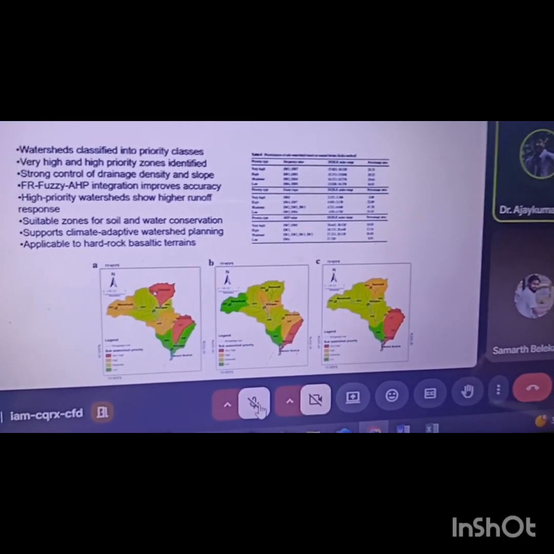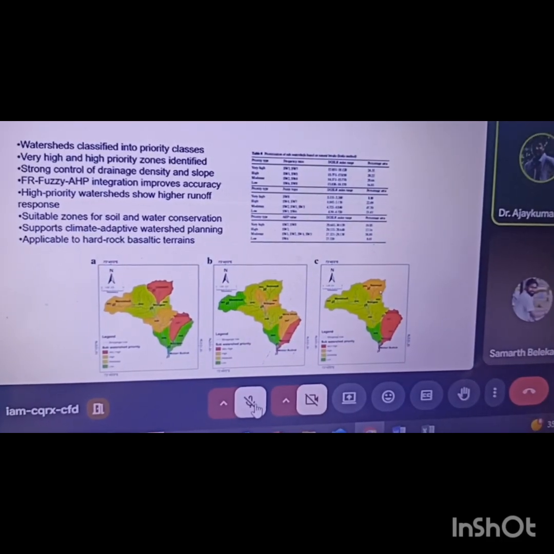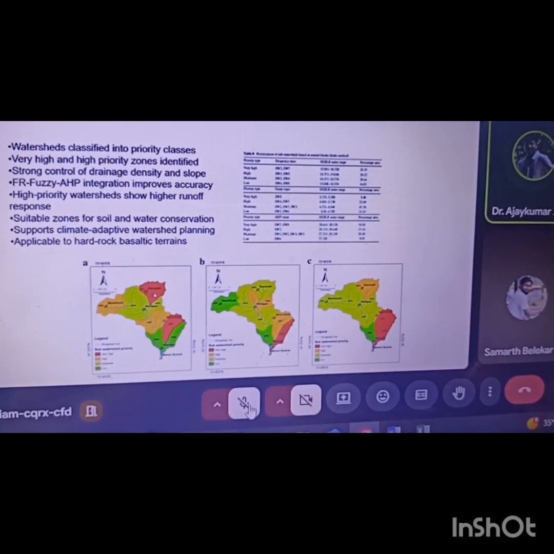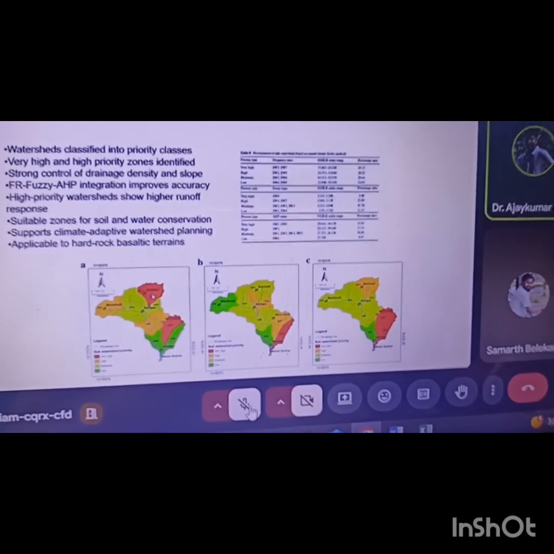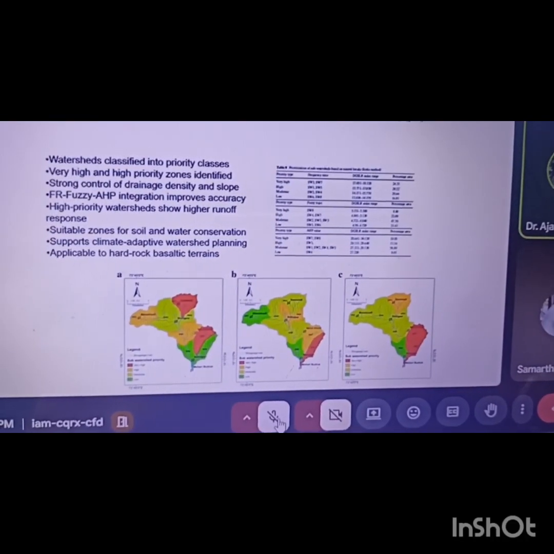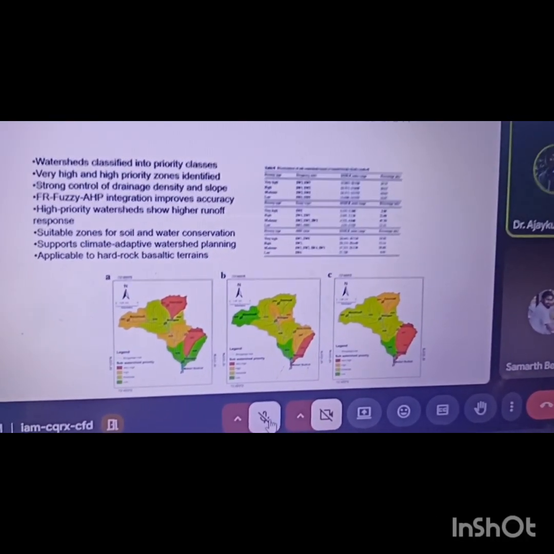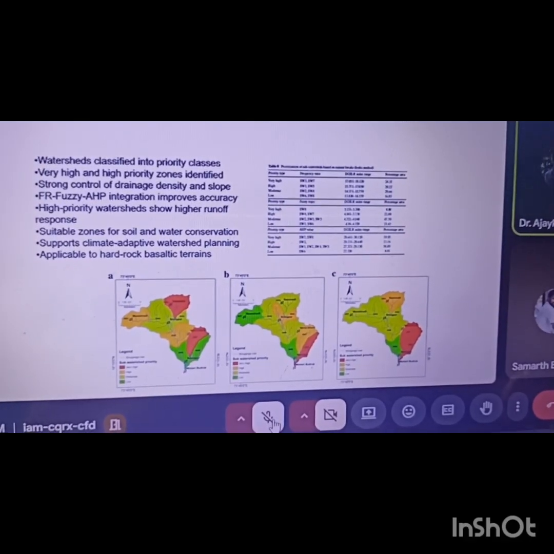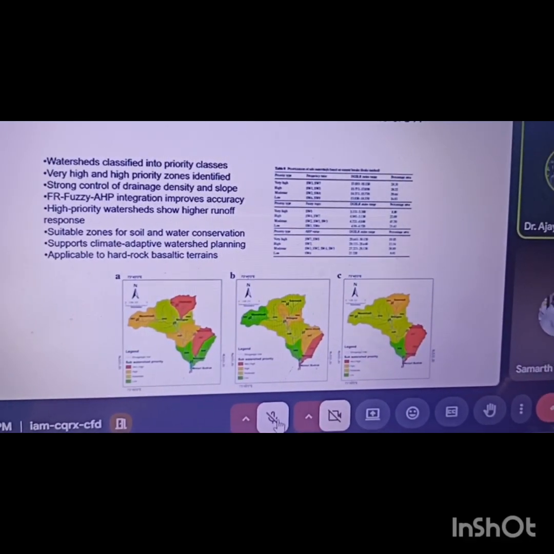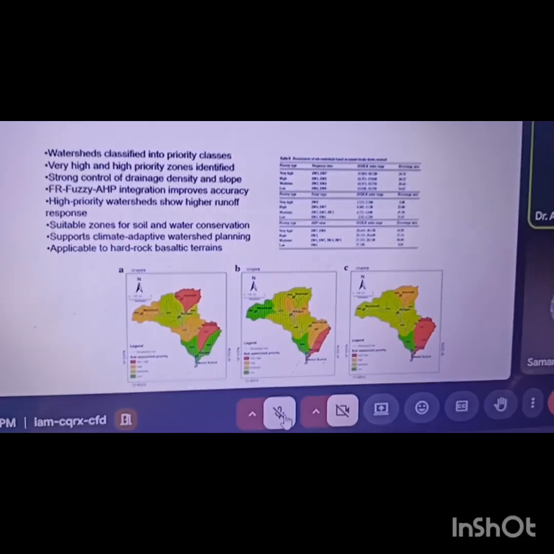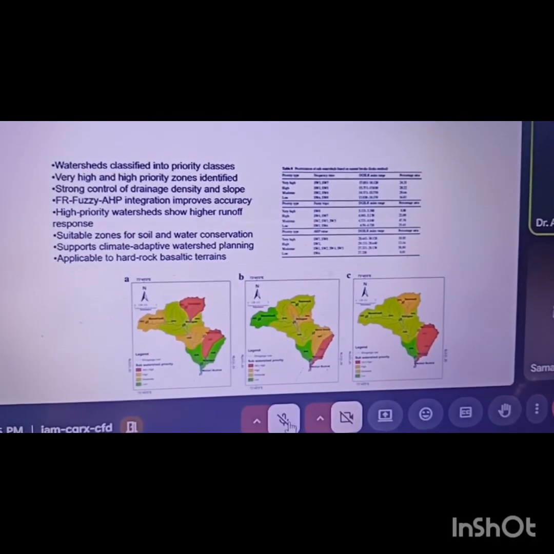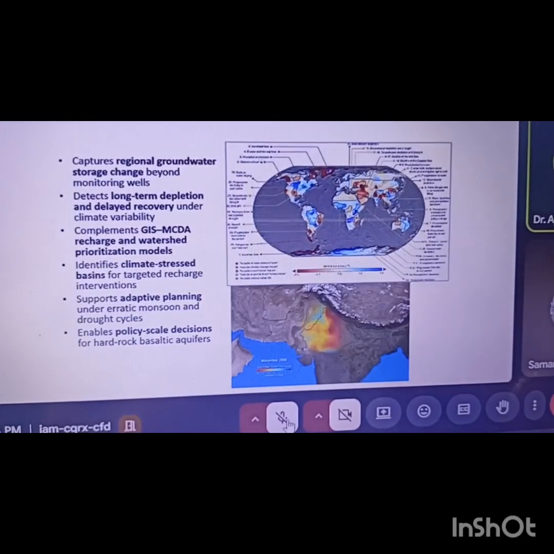This red part, if you see over here, also requires a higher priority because it is in hilly terrain. So more soil and water conservation measures and groundwater recharge structures should be given in that area. Like this, hydrological response based prioritization we can easily do with the help of GIS and remote sensing studies.